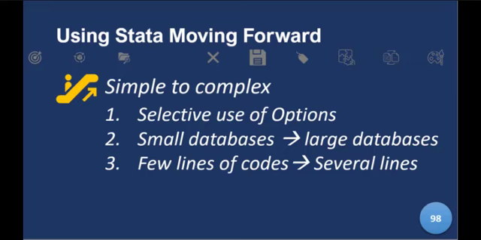As you can see, the one we used for cars was about 74 cars or so. But when I give tasks and assignments, I will give large databases. I will also give a few lines of code in my illustration or in the template, but when you are submitting yours, it may be several lines of code.